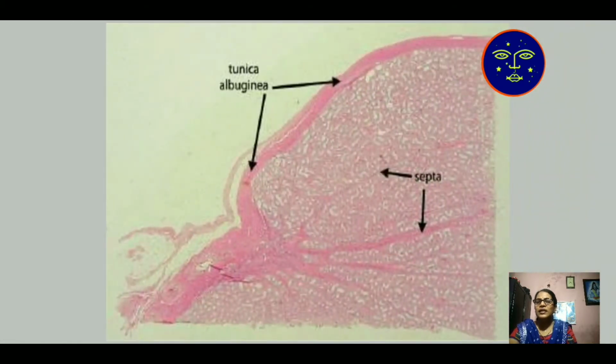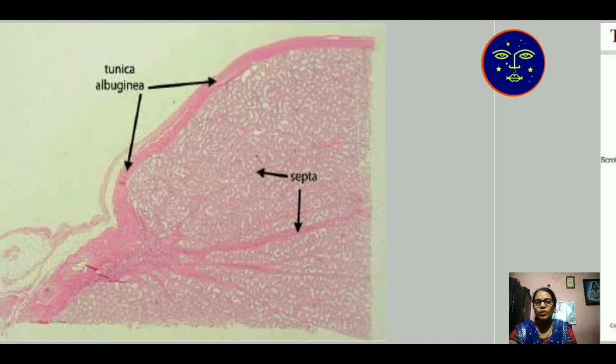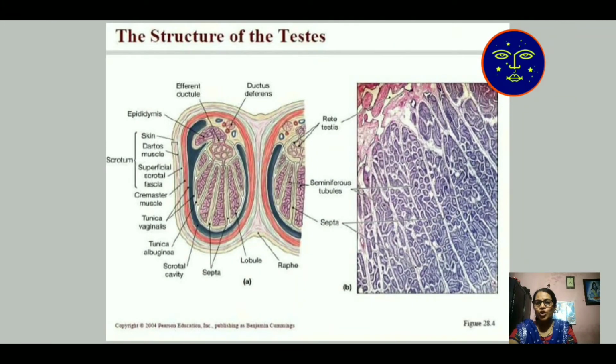Next, this is the outer diagram of your testis. Tunica albuginea is the outer wall of your testis, and septa means compartments, and each compartment contains many seminiferous tubules. This is the structure of your testis. It contains septa. Septa means partition. The outer layer is known as tunica albuginea.